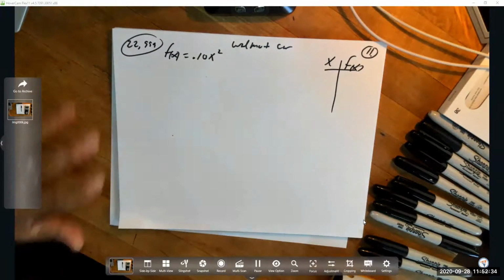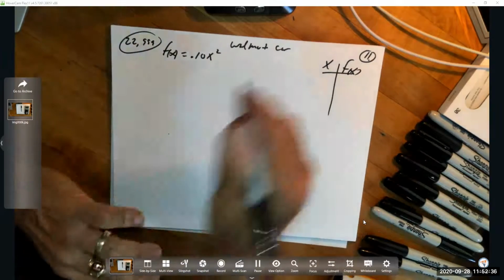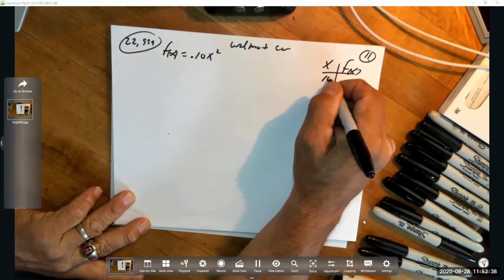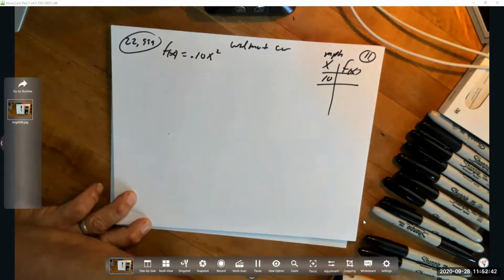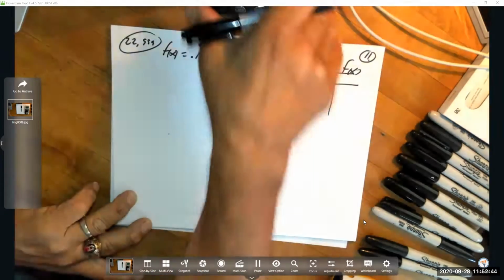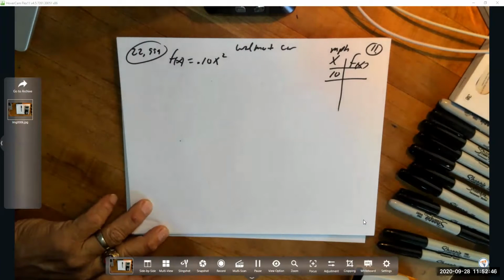First thing I'm going to tell you: if you're driving 10 miles an hour in the parking lot at Walmart, then all of a sudden somebody comes in front of your car with a basket or whatever, and you hit the brakes, boom.